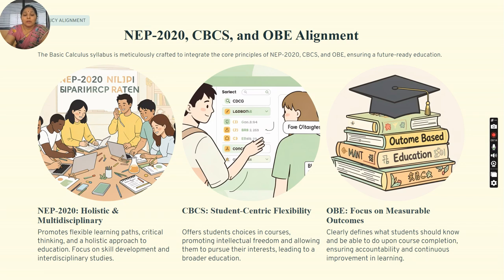CBCS is student-centric flexibility, offering students choice in courses, promoting intellectual freedom and allowing them to pursue their interests, leading to broader education. And outcome-based education focuses on measurable outcomes, clearly defining what students should know and be able to do upon course completion, ensuring accountability and continuous improvement in learning.